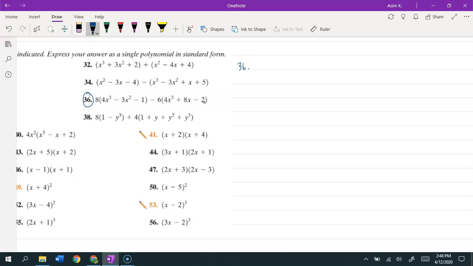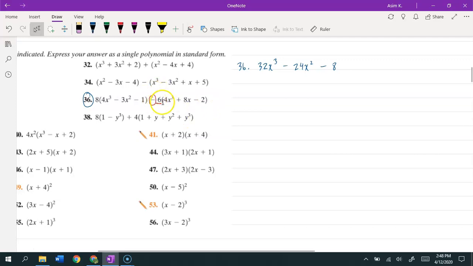Here's the results that we start getting. 8 times 4x cubed is going to give you 32x cubed. 8 times negative 3x squared is negative 24x squared. 8 times negative 1 is negative 8. Then here's a common mistake students have made in the past. This negative sign belongs to the 6. So when we say 6 times 4x cubed, that's not completely the best choice.